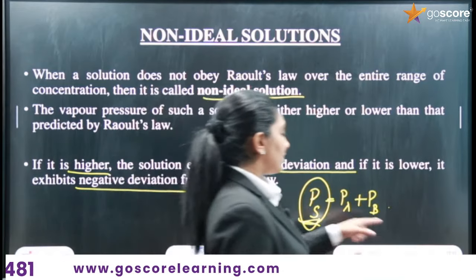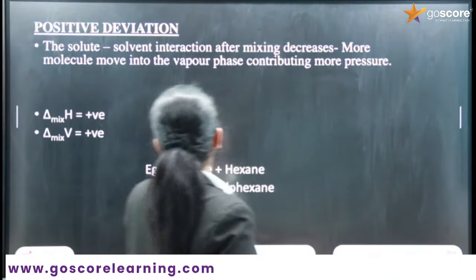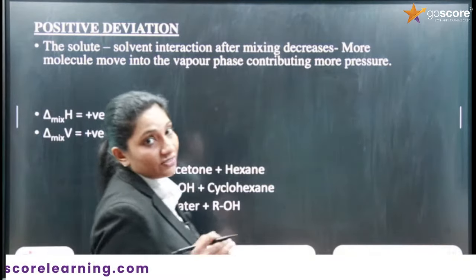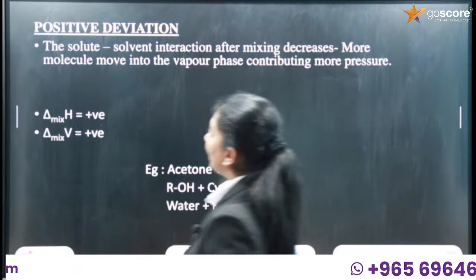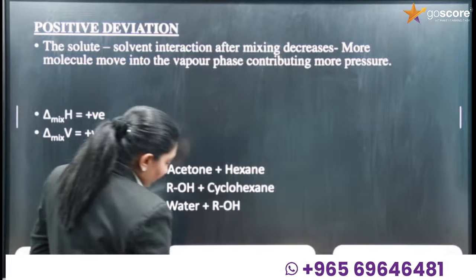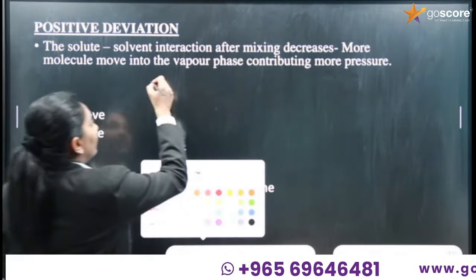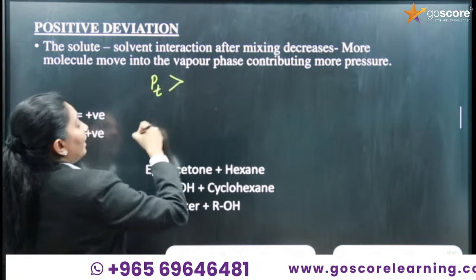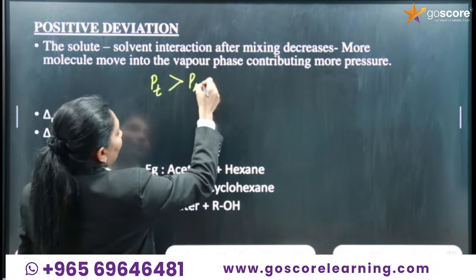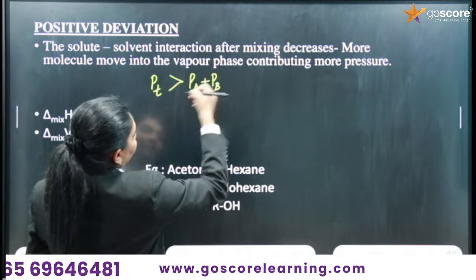Okay. Now see the conditions that are required for positive deviation as well as for negative deviation. For positive deviation, the total pressure will be greater than that of PA plus PB, right?